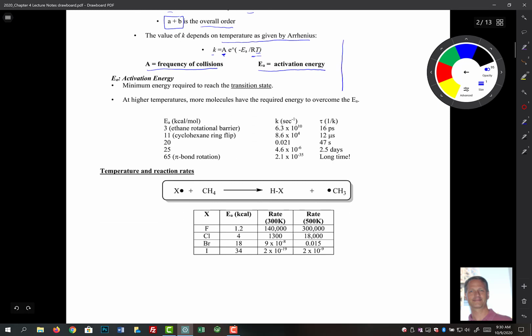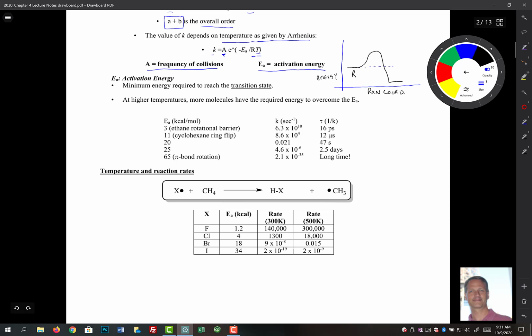If you look at a reaction, and we're going to look at this on the next page a little bit more, if we were to start off over here and have our reactants on this side, a familiar diagram might look something like this, where here's our energy, here's the reaction coordinate, and this is our starting energy.